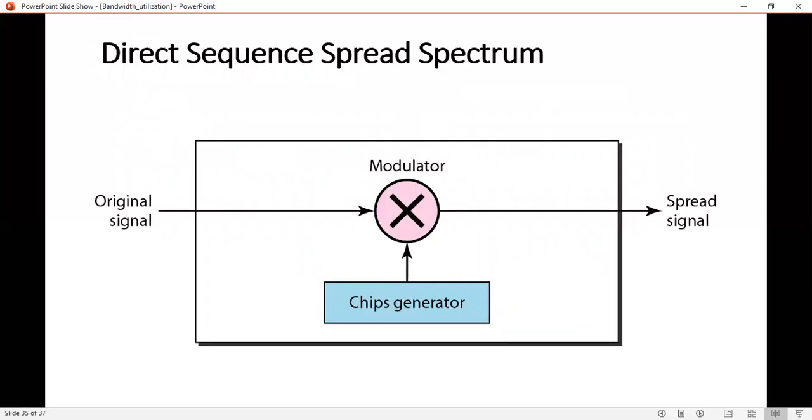In the figure, you can see the original signal, which is given to the modulator, and the chip generator generates the chips, that is nothing but the code. You modulate the original signal and the chips together to obtain the spread signal.